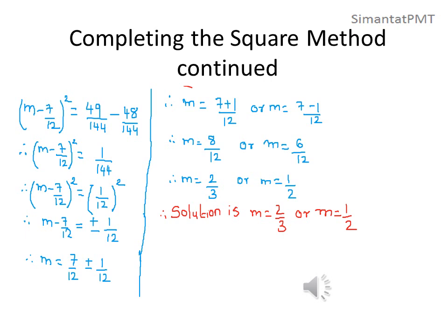So m equal to 7 plus 1 upon 12 or m equal to 7 minus 1 upon 12. So m equal to 8 upon 12 or m equal to 6 upon 12. Therefore m equal to 2 upon 3 or m equal to half. Therefore solution is m equal to 2 upon 3 or m equal to half.